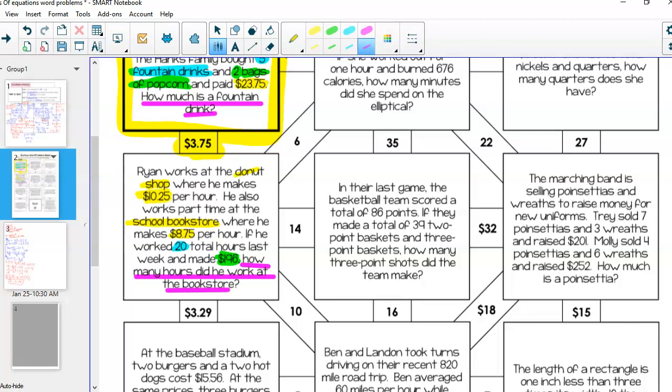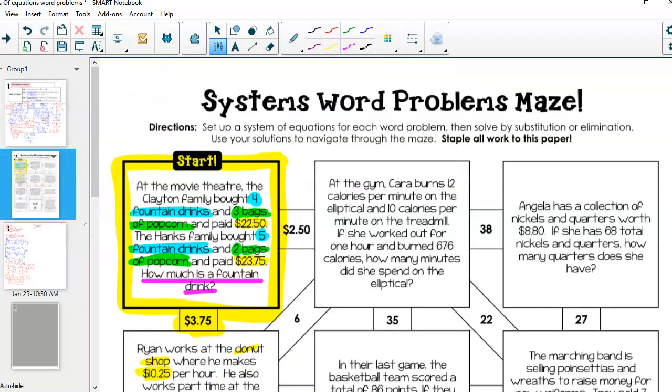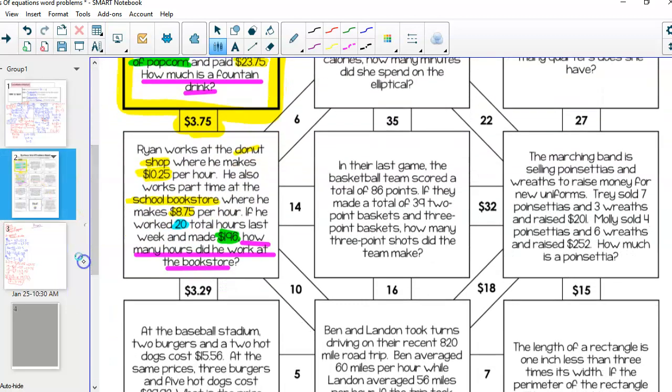So this one's going to be set up a little differently than what we just did. First, let's define our variables. We have two different amounts of hours: hours at the donut shop, hours at the bookstore.